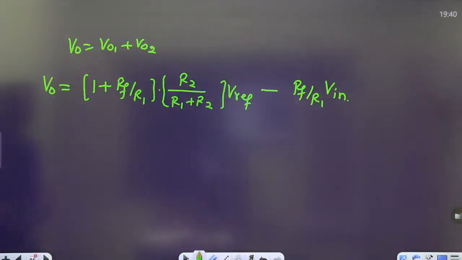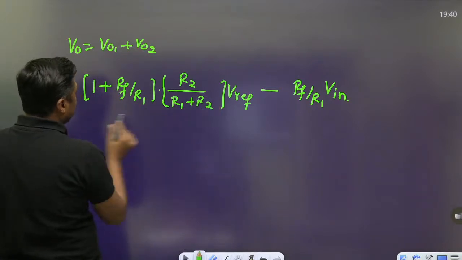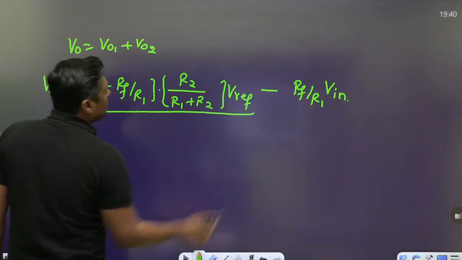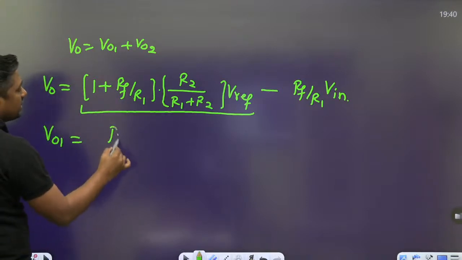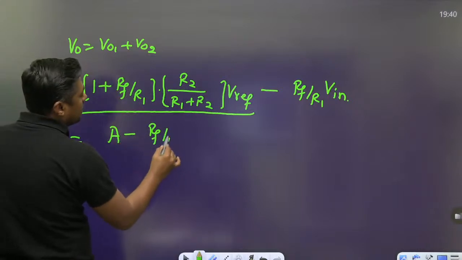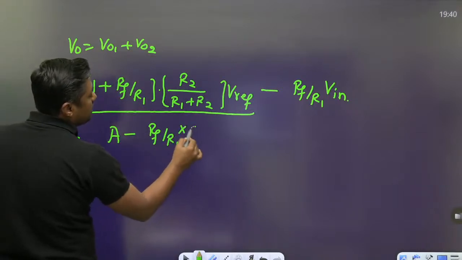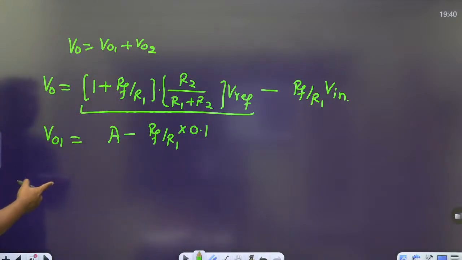Now, this part will remain constant in the given question. You can choose it any value. In the first case, let this constant be A. Then this will become minus Rf by R1. In the first case, V in is 0.1, and V out is 1 volt.